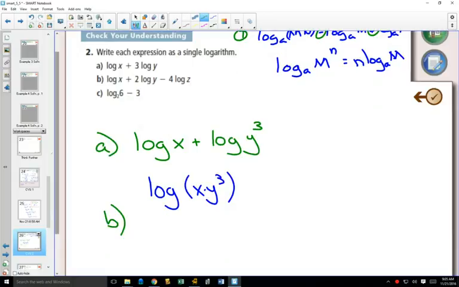Part B, we have a number of things happening here. We have a log plus a log, subtract a log with numbers in front. So if we're doing a list here and calling this one a second log law, we also have the third log law here, which says if you're subtracting two logs with the same base, that's the same as dividing.